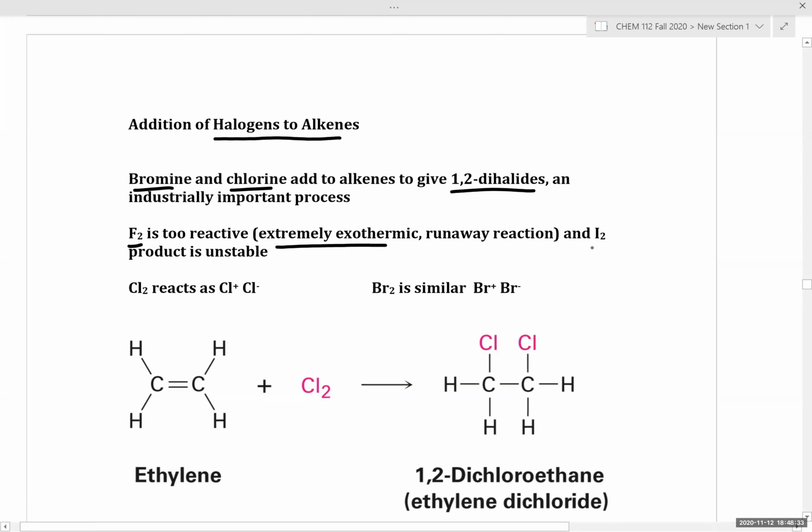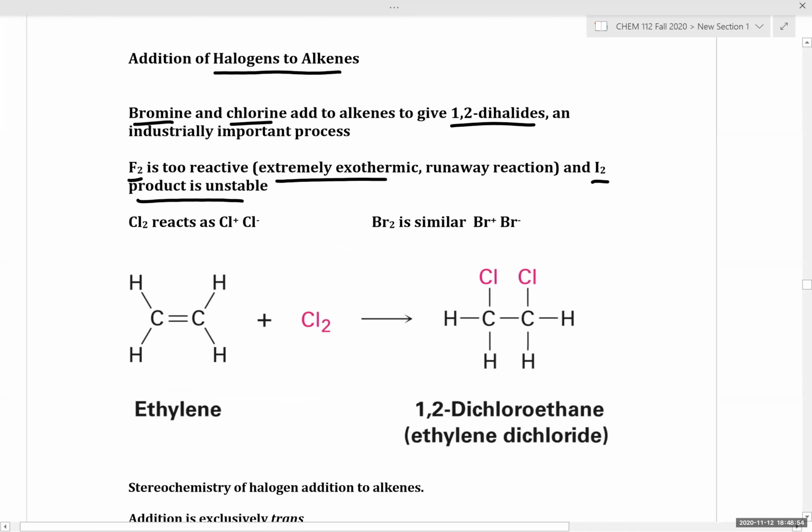And for iodine, the product is unstable, so you typically don't observe a lot of the diiodide. That's not to say that you can't utilize iodine for variants of this reaction, but iodine is not particularly useful for dihalogenation.